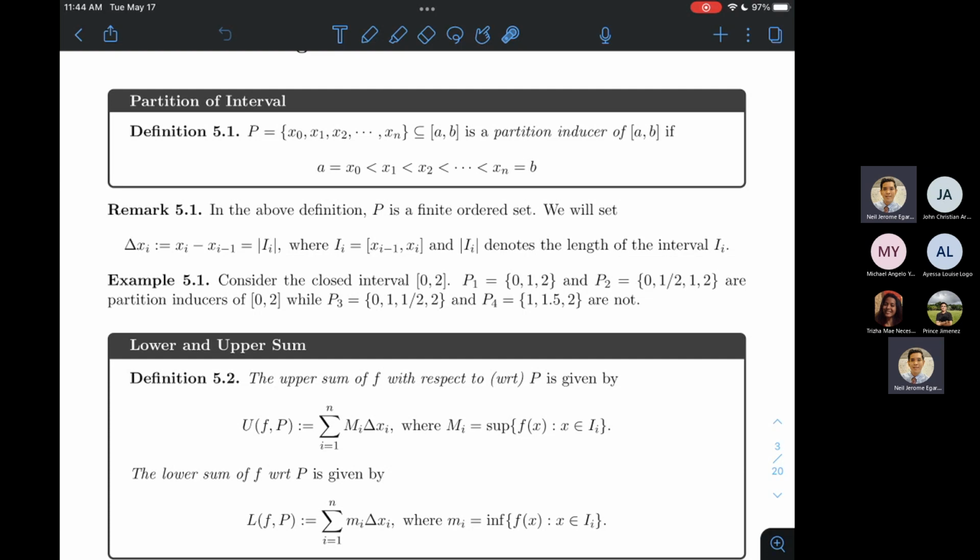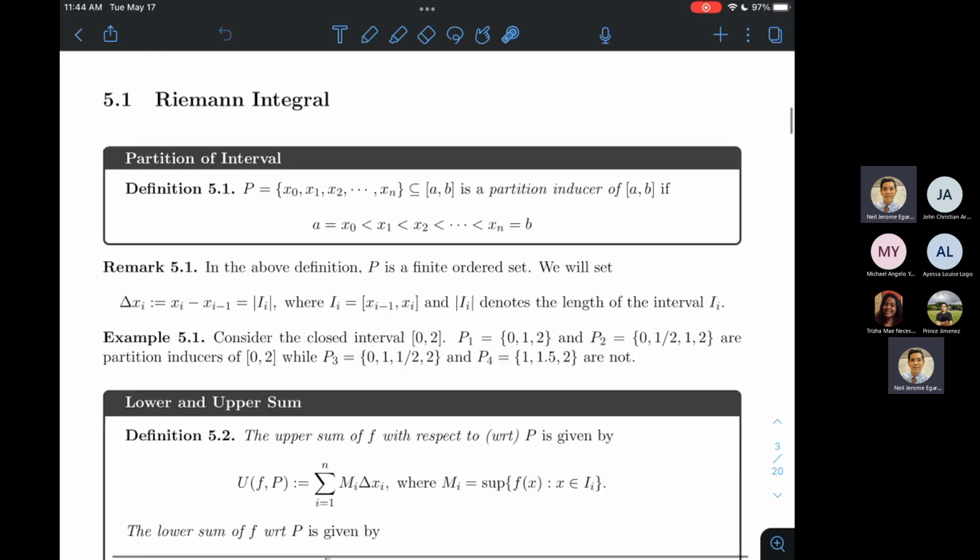Okay. So we say that a finite ordered set x sub 0 until xn is a partition inducer of the closed interval AB if P consists of points in increasing order starting from A to B that are inside the closed interval AB.